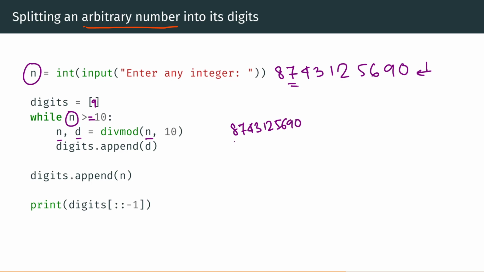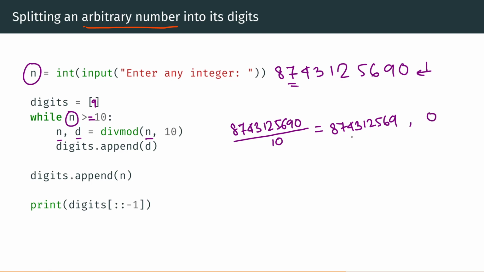Huge number. Divide this number by 10, and give me two things: the result, the quotient, and the remainder. What is the quotient? The quotient is 8, 7, 4, 3, 1, 2, 5, 6, 9. And the remainder is 0.